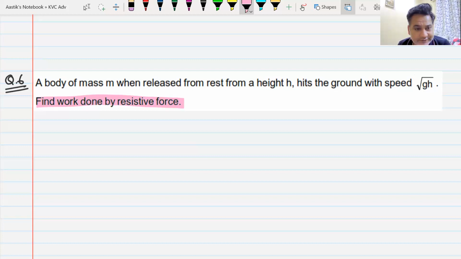Shall I do it or are you trying? Yes, sir. Done, sir. What is the work done by the resistive force? mg by 2, sir. It is dimensionally wrong. mg is force. It cannot be mg by 2.